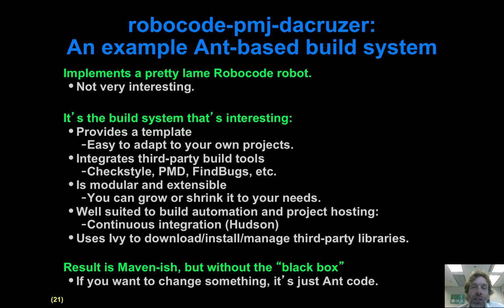And the build system is structured so that if you come up with some other third-party tool that you'd like to add in, you can pretty easily hook your additional build component into the existing framework. Later on, we'll be showing continuous integration mechanisms like Hudson or Jenkins, and this is well adapted for that role as well. And we're going to use Ivy, as I said before, to automate the downloading of these third-party libraries.